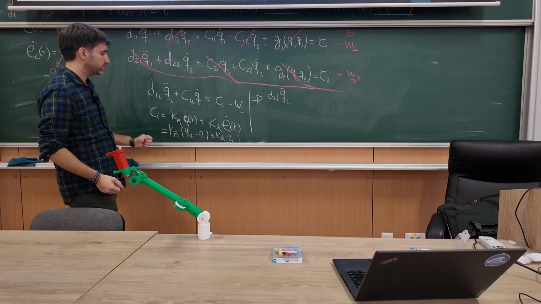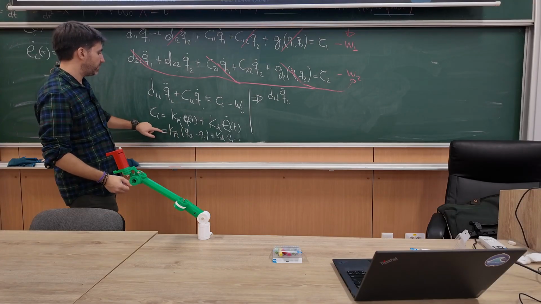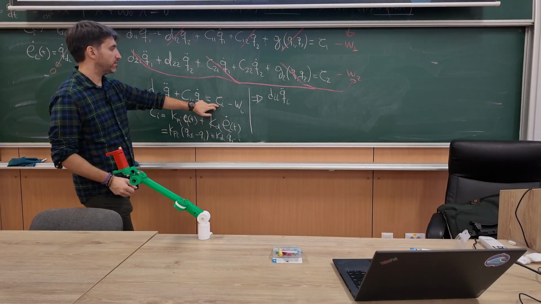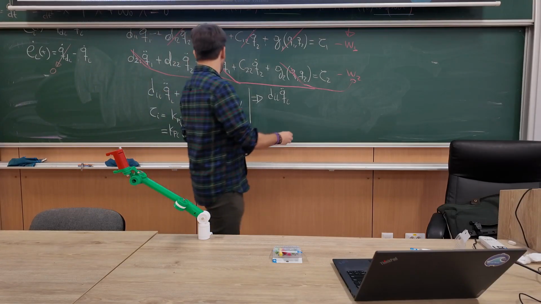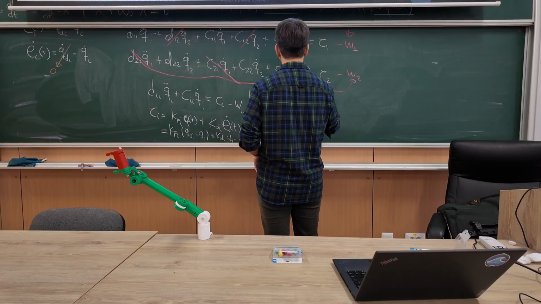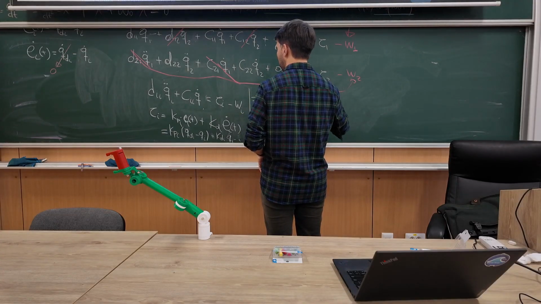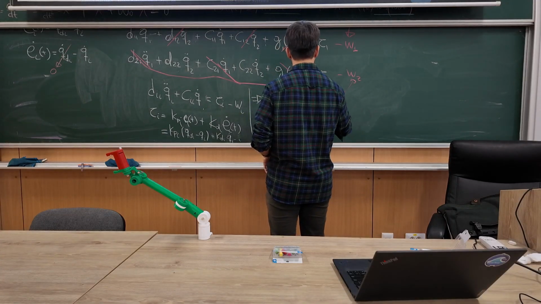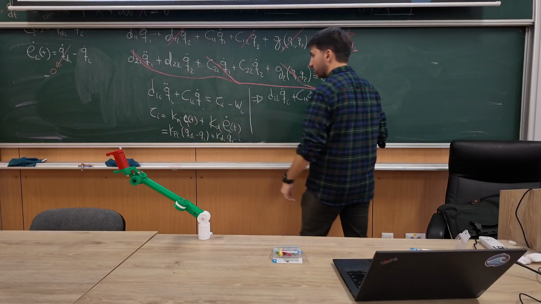All right? So if I replace tau with this part, I will have C_ii qi dot equals this whole thing.